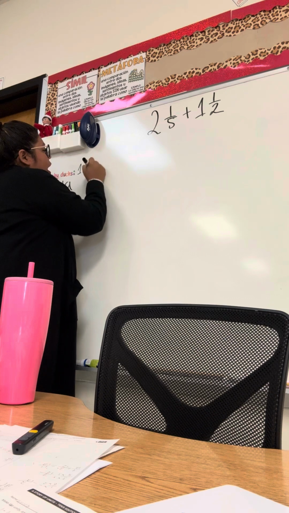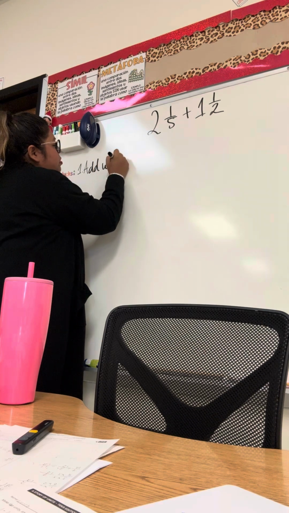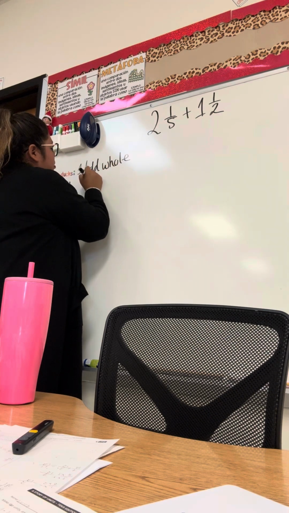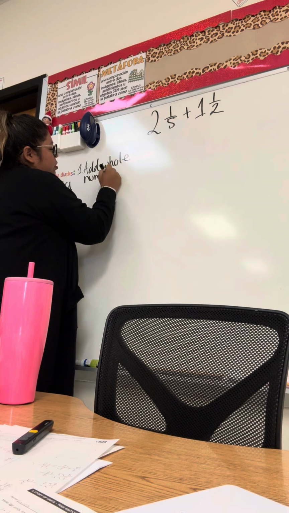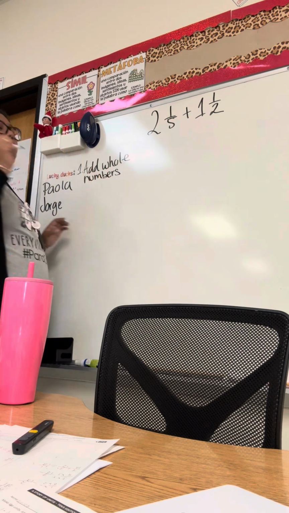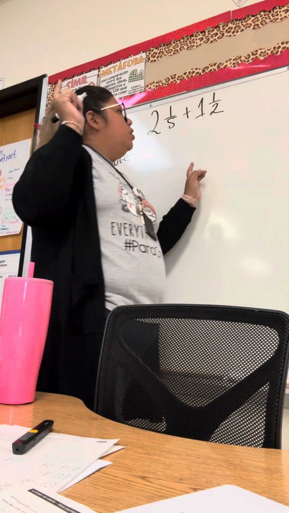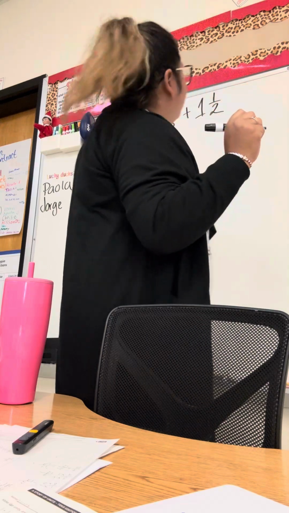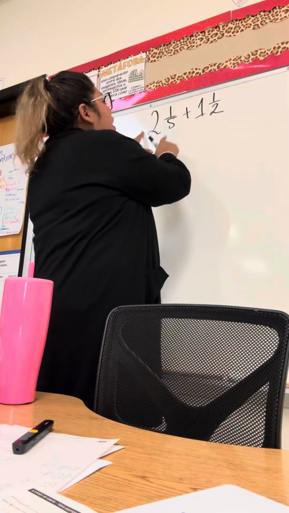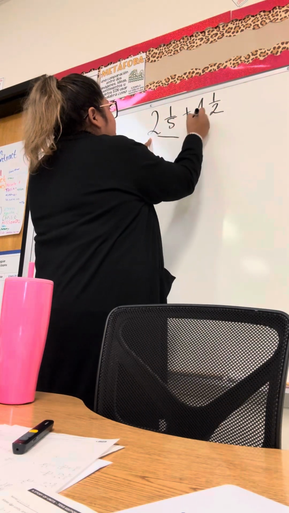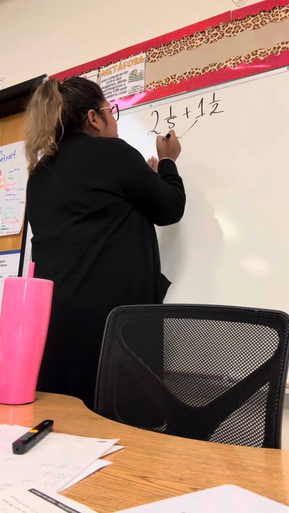Step 1, add whole numbers. First, I add the whole numbers, okay? The whole numbers are 1 and 2. I'm going to add those. That gives me 3.